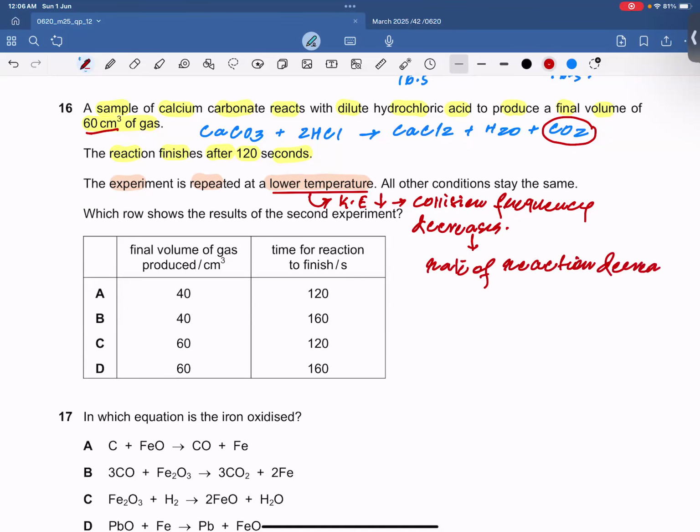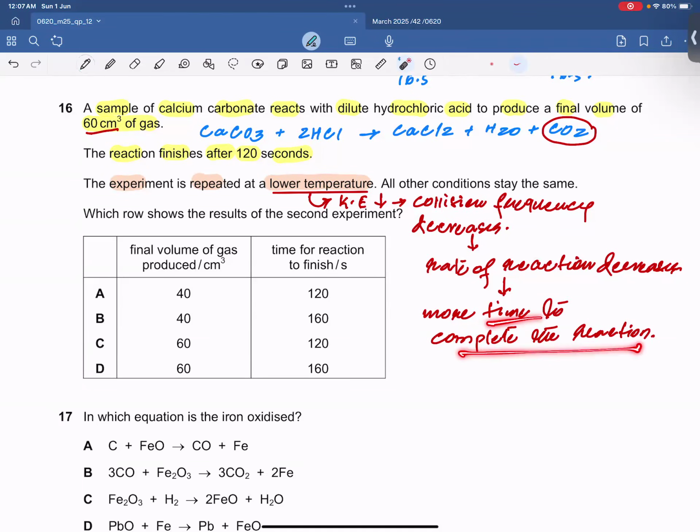If rate of reaction decreases, then it means more time to complete the reaction, which means time has to be greater than 120 seconds. So it's going to be 160, obviously. So time for reaction to finish is going to be more than 120 seconds. So it has to be 160 around, okay?